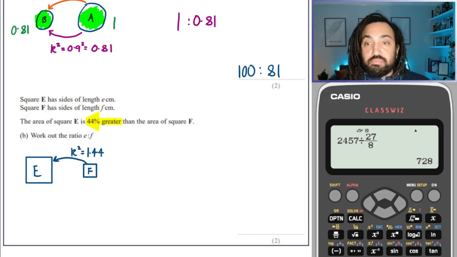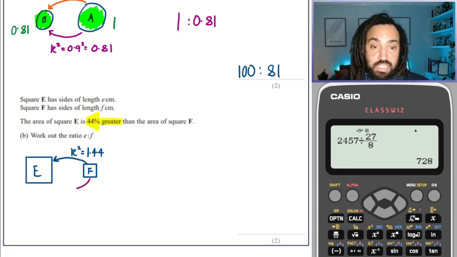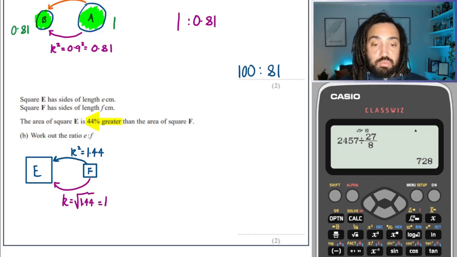Okay, so therefore the linear scale factor is the square root of that, and the square root of 1.44 is equal to 1.2.